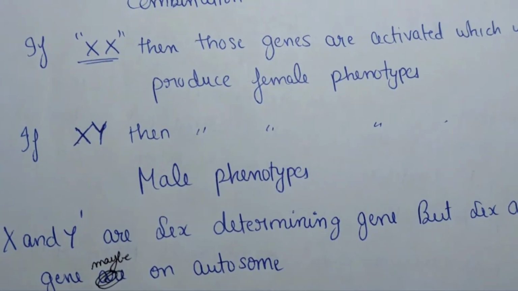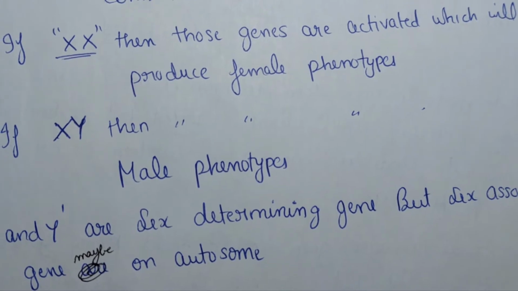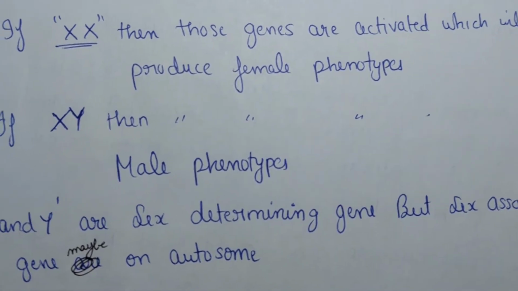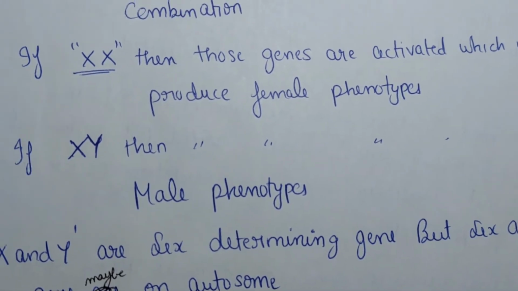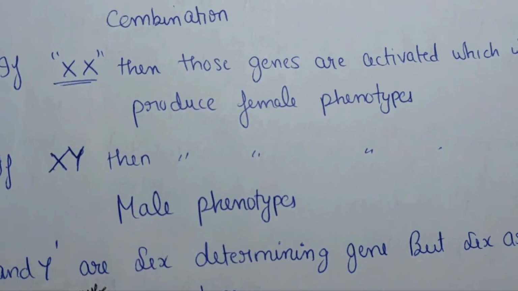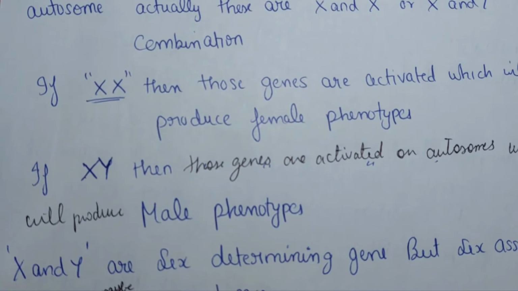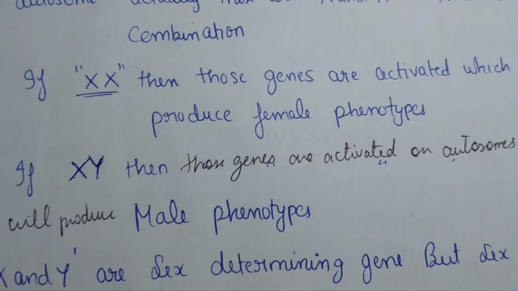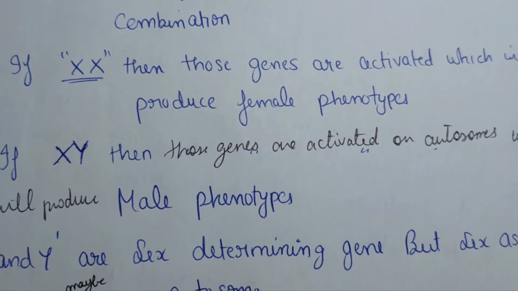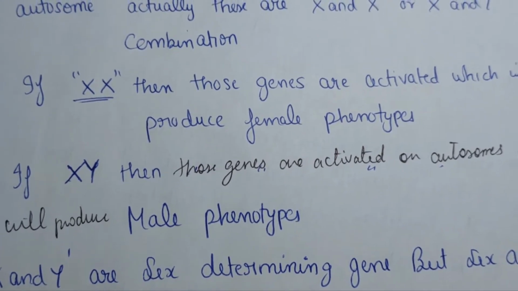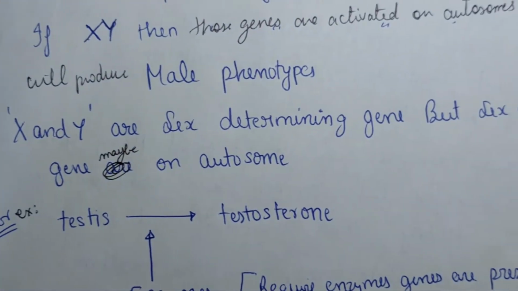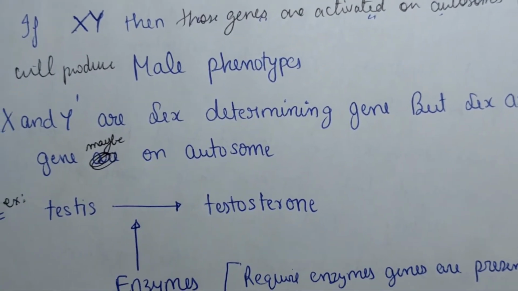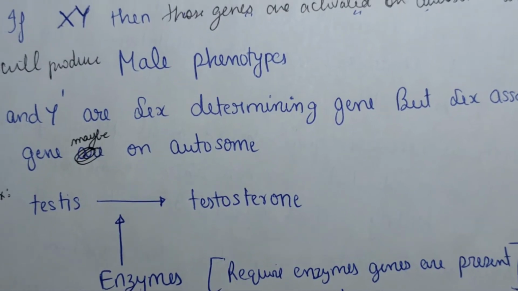For example, if the zygote has XX, then those genes are activated on the autosome which will produce female phenotypes. And if it is XY, what we call the genotype of the zygote, then those genes are activated on autosomes which will produce male phenotype. X and Y are sex determining genes, but sex associated genes may be present on autosomes.